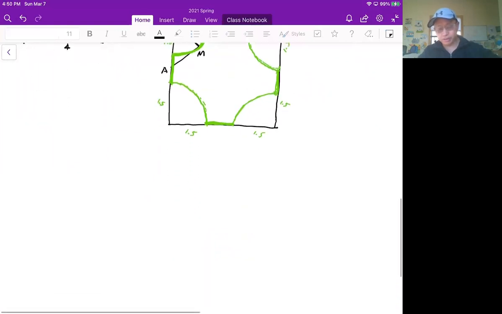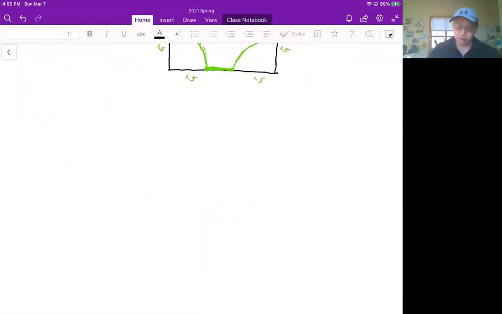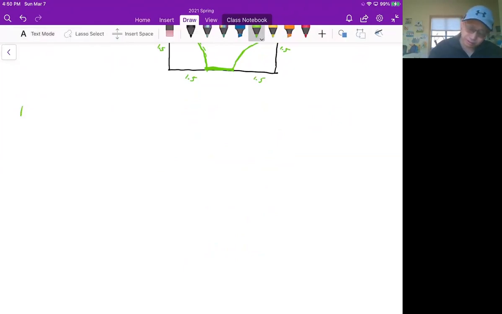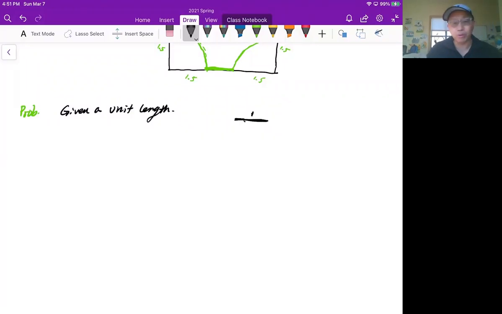So suppose the next problem is: given a unit length, what does that mean? Suppose I tell you this is 1, a unit length of 1 unit.